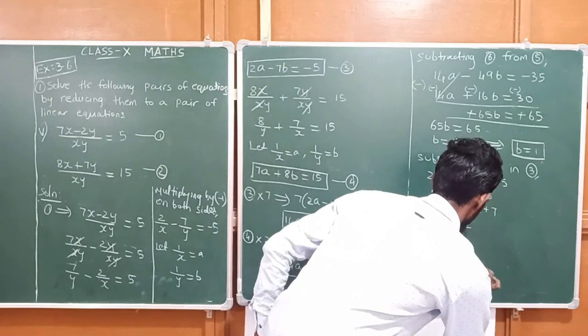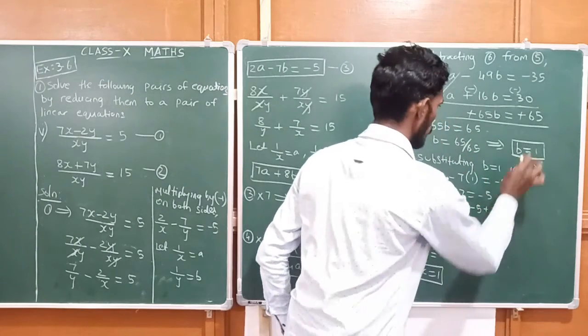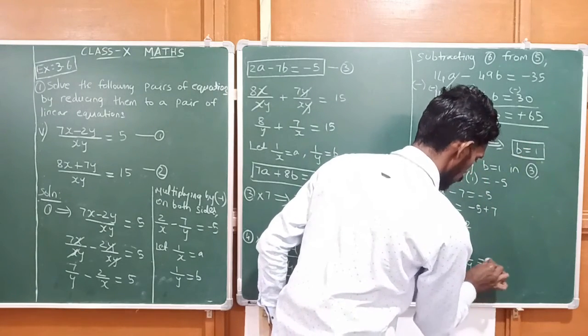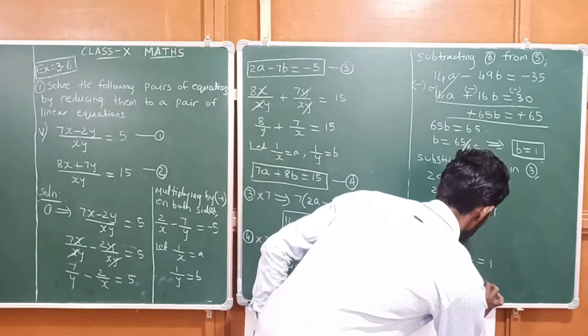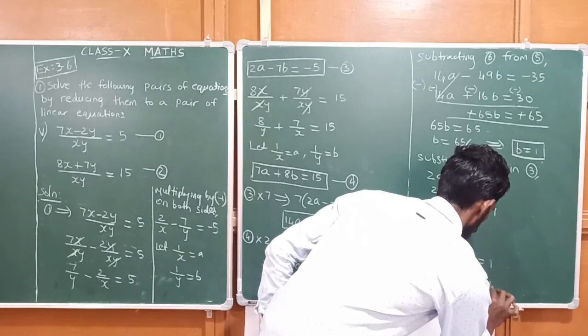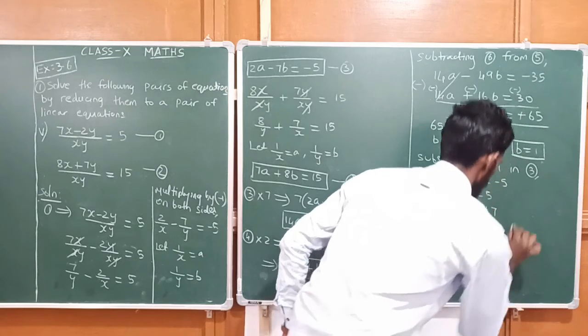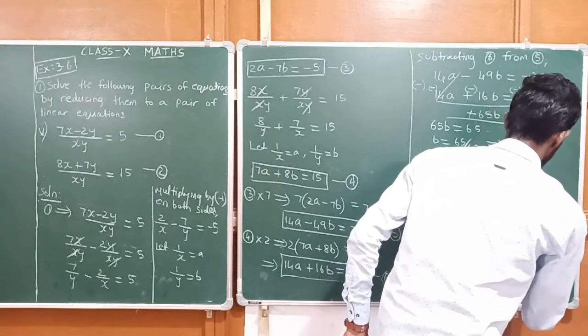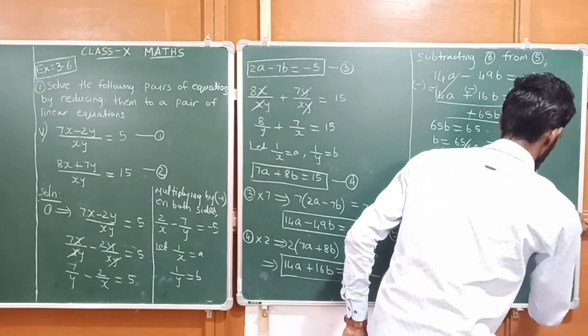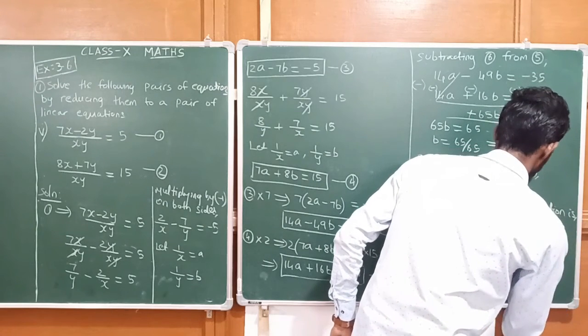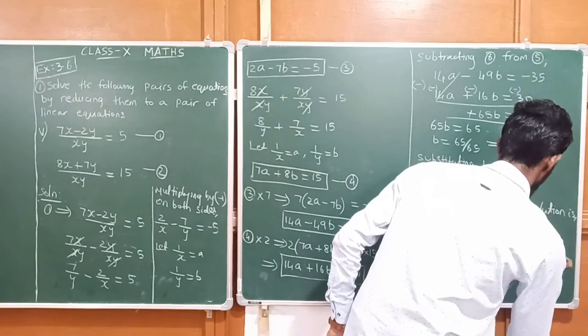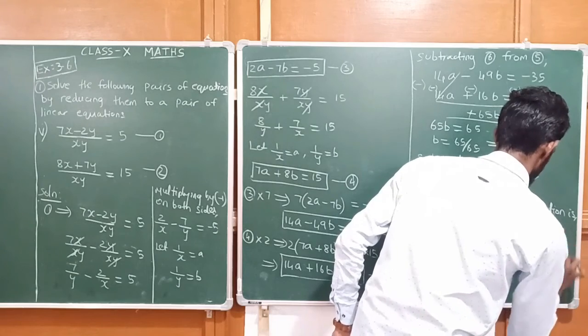Then we have assumed 1 by y is equal to b, value is 1. So 1 by y is equal to 1. On cross multiplying we will be getting y is equal to 1. Thus the solution is x is equal to 1, y is equal to 1. Clear?